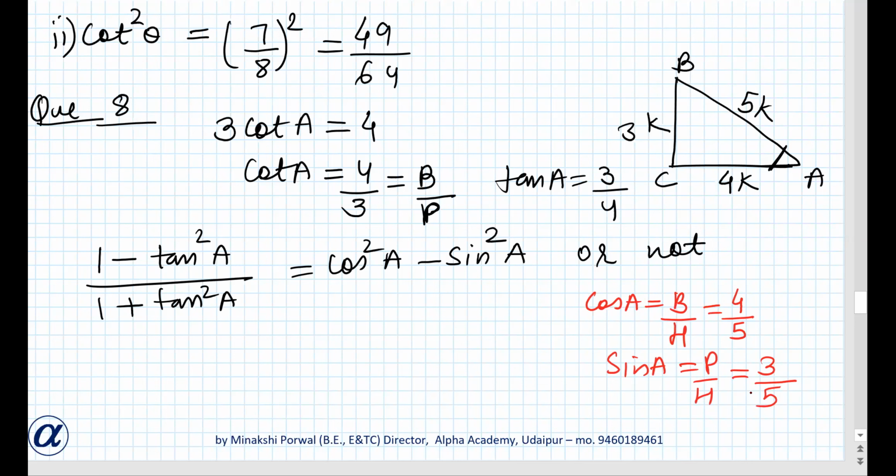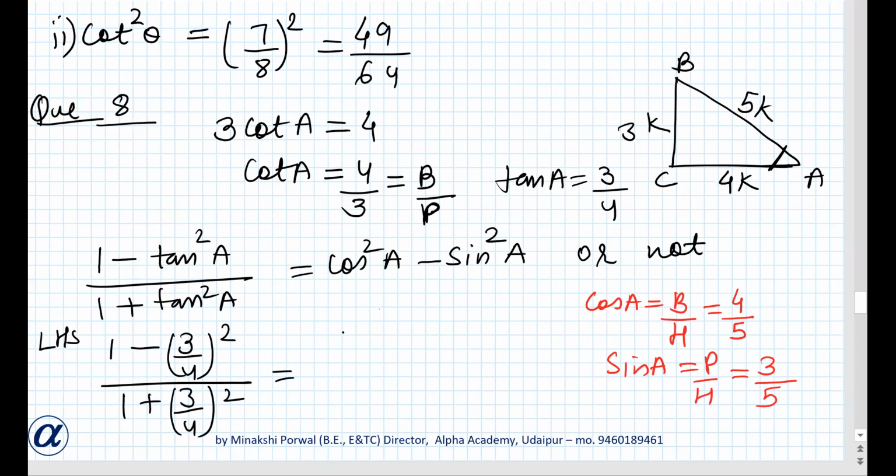Now we'll substitute on both sides. So 1 minus 3 by 4 the whole square, 1 plus 3 by 4 the whole square. We can find LHS and RHS separately. First of all, I am finding LHS.